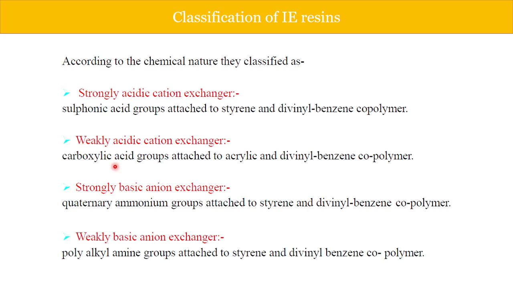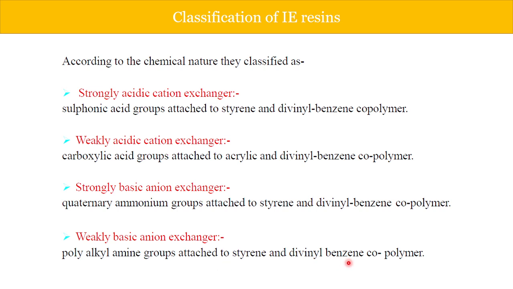Then you have the strongly basic anion exchanger, which has quaternary ammonium groups attached to the styrene and divinyl benzene copolymer. And the weakly basic anion exchanger, which has polyalkyl amine groups attached to the styrene and divinyl benzene copolymer.